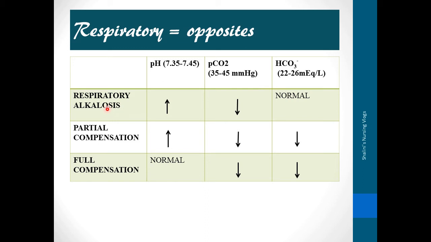But when there is partial compensation, there is an increase in pH, a decrease in PCO2, and renal excretion of the base, so the bicarbonate levels will be decreasing. In case of full compensation, the bicarbonate level is decreasing, and because of the other supportive therapy you give to the patient, the pH would come back to normal, that is between 7.35 and 7.45. But we have to understand that a full or even partial compensation by the kidneys would take at least 24 to 48 hours.